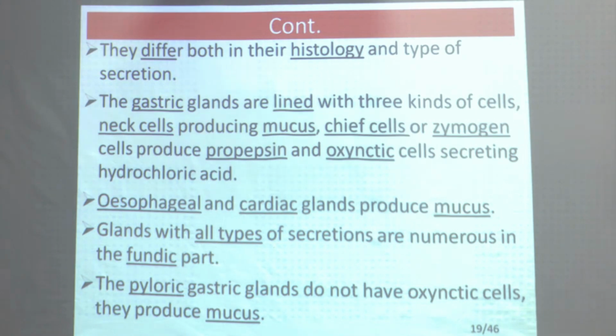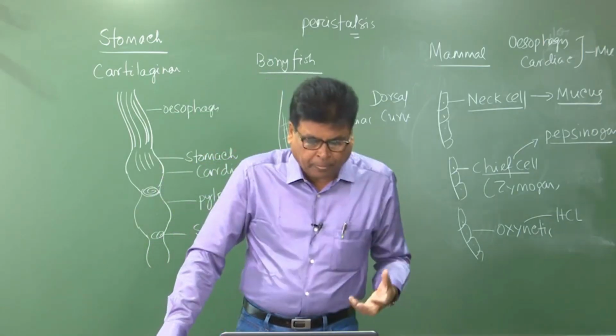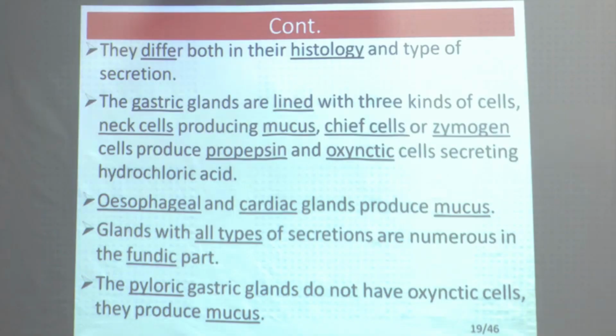The second part, a most important point: the glands with all types of secretions are found in the fundic part. That means all types of fluids are secreted in the fundic region. The pyloric gastric glands do not have oxyntic cells; they produce only mucus.